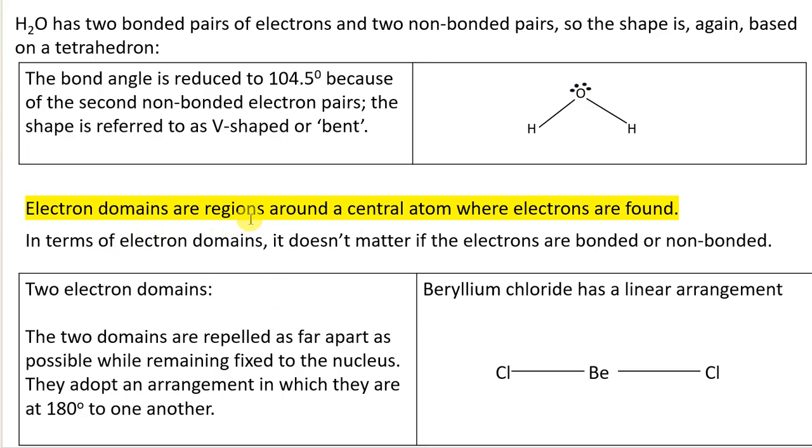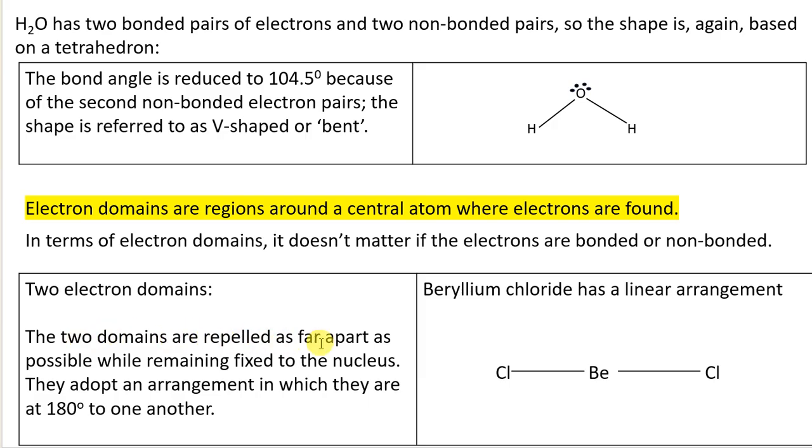Electron domains are regions around a central atom where electrons are found. In terms of two electron domains, I've got BeCl2 below. But the big thing with electron domains is that it doesn't matter if the electrons are bonded or non-bonded.